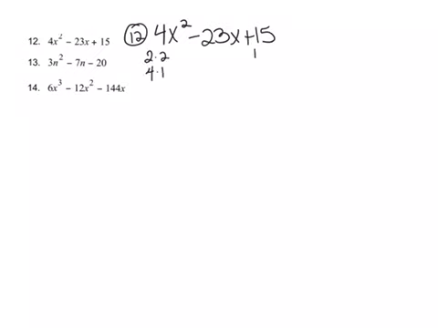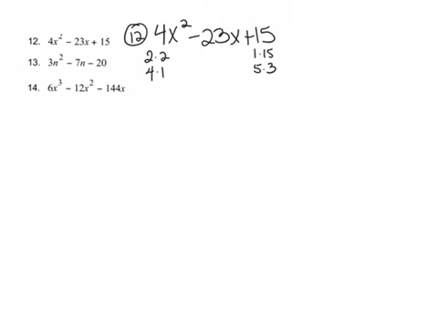So number 12. Again, we're going to look to see, do I have any common factors? I don't. So we're going to say 4x squared minus 23x plus 15, that's number 12. 4 is 2 times 2, or 4 times 1. 15 is 1 and 15, 5 and 3.